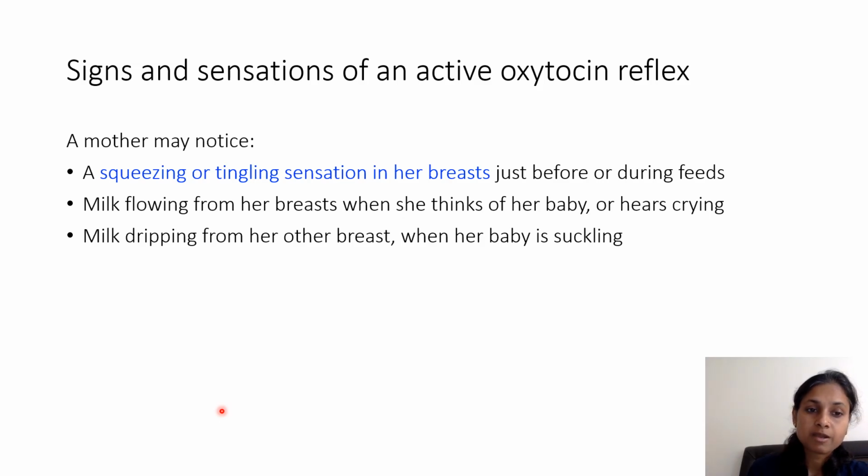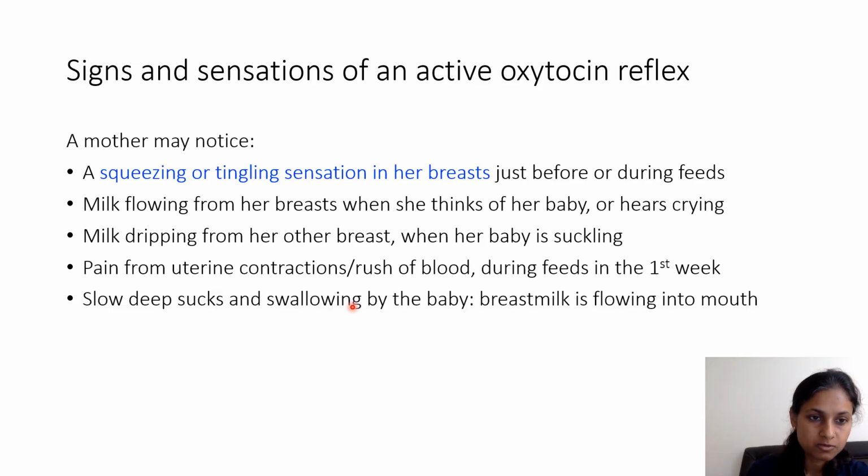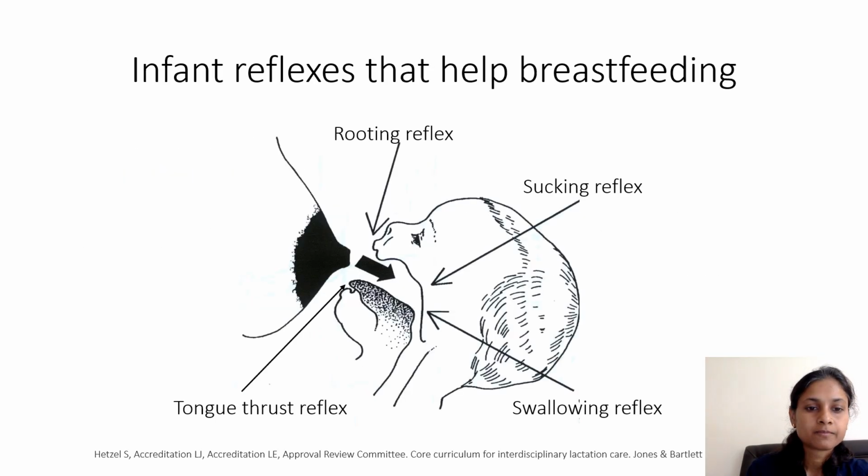Milk may drip from the other breast when the baby is suckling on one breast, and there could be painful uterine contraction, since you know that oxytocin also acts on the uterus to help it contract during feeds, usually in the first week. You can also hear deep slow sucks and swallowing by the baby if the breast milk is flowing into the baby's mouth.